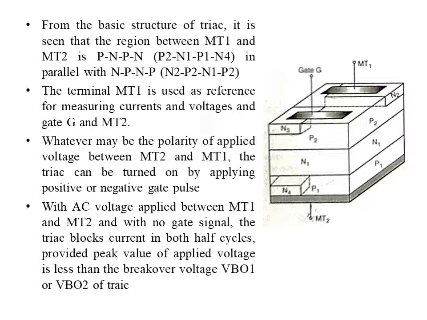Thus, when the gate signal is not applied and we apply an AC signal between MT1 and MT2, whether positive or negative voltages, the triac blocks the current in both half cycles because the gate pulses are not being applied. Triac only conducts when gate pulses are applied.